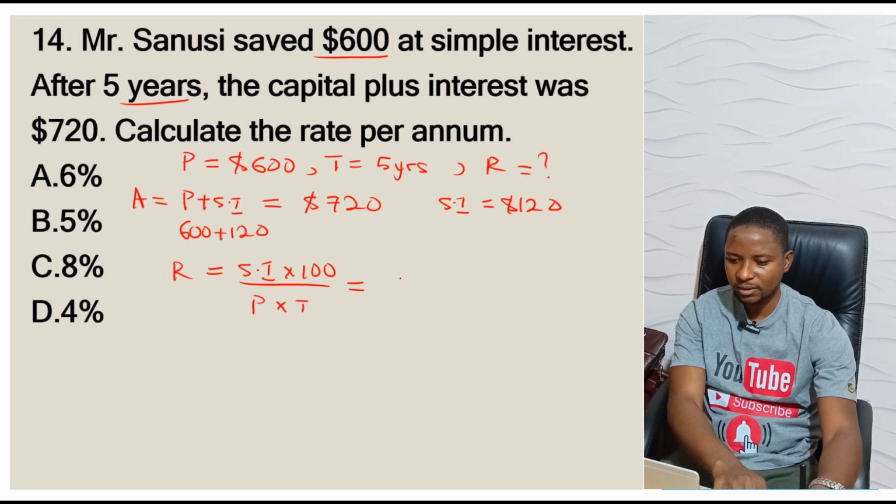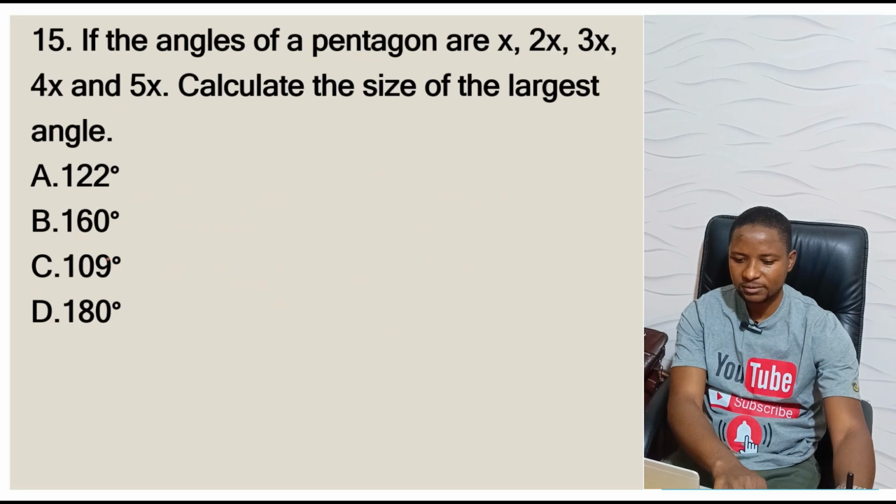So we have all the information. Simple interest is 120 times 100 over principal is 600 and the time is 5. 2 zeros cancel 2 zeros. 6 here 1, 6 here 2 and 0, 5 here 1, 5 here 4. So you have 4%.